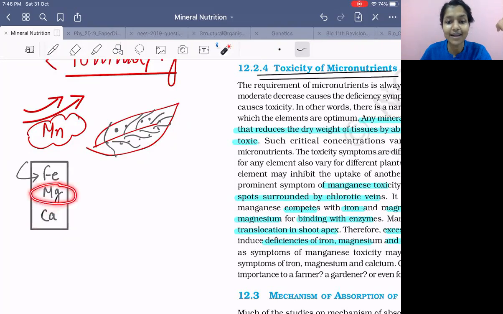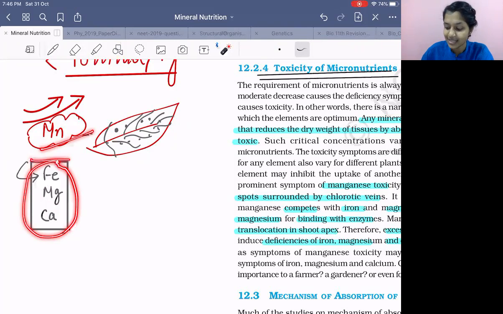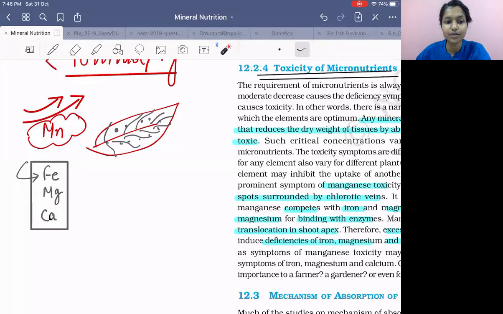It is not allowing magnesium to bind with the enzyme. You can see how bad it is, right? Manganese toxicity. Because of more manganese, these are all lacking in the plant, and since they are lacking, the plant will start to show multiple symptoms of lack of iron, magnesium, and calcium, because they became deficient because of more manganese. That's why the plant will start showing you the deficiency symptoms of iron, magnesium, and calcium, and that happens due to manganese toxicity. Is it clear?